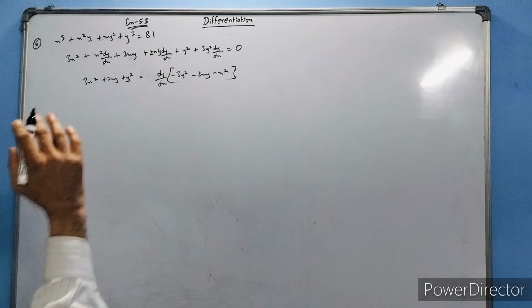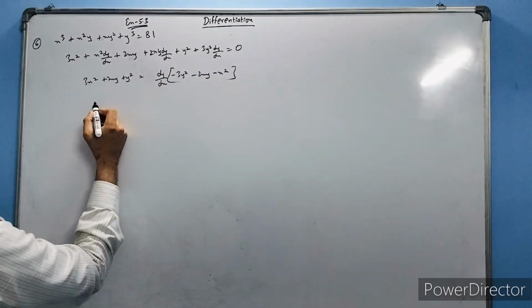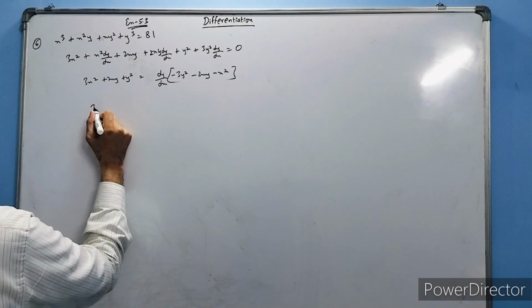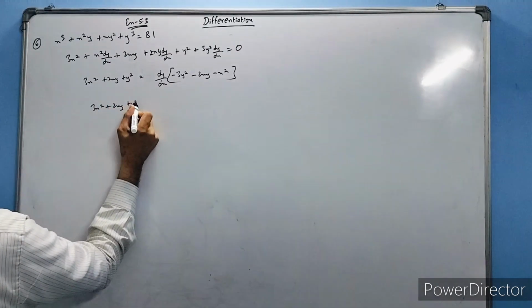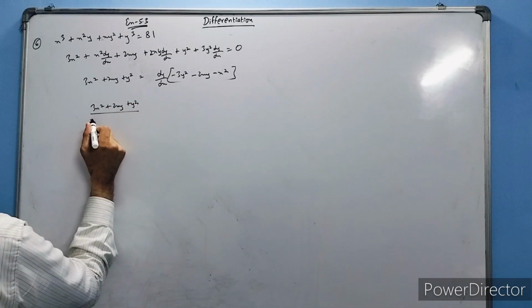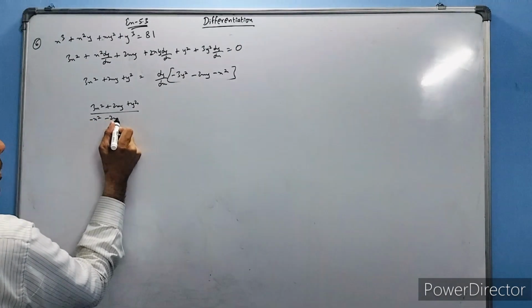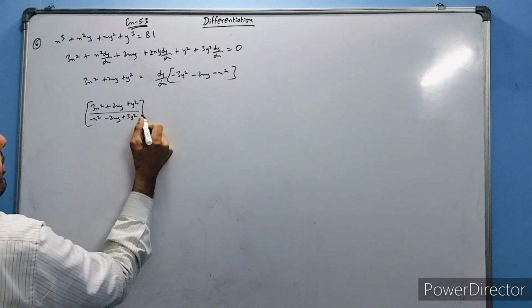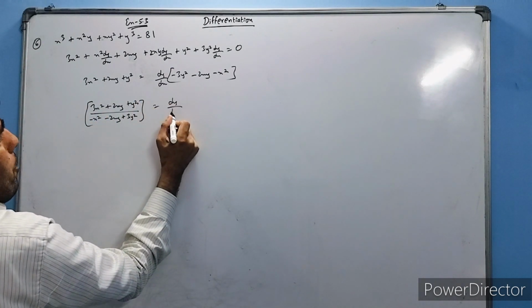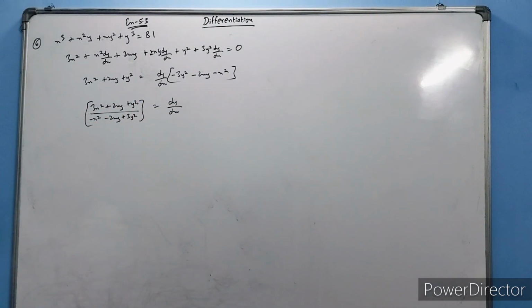Now we'll take this to that side. So we'll have 3x square plus 2xy plus y square upon minus x square minus 2xy plus 3y square is equal to dy upon dx.